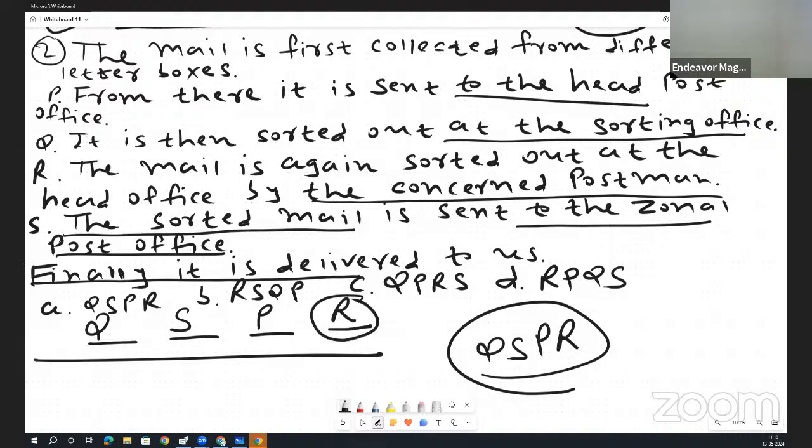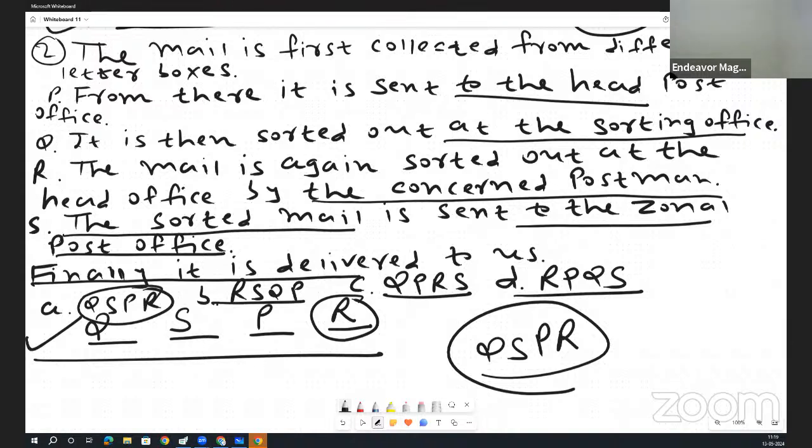Now, students, on the day of the exam, you have to work on your time management as well. So an option which doesn't have R in the end should be eliminated speedily, immediately, because it doesn't have R in the end. So my answer should be A. Q, S, P, R.